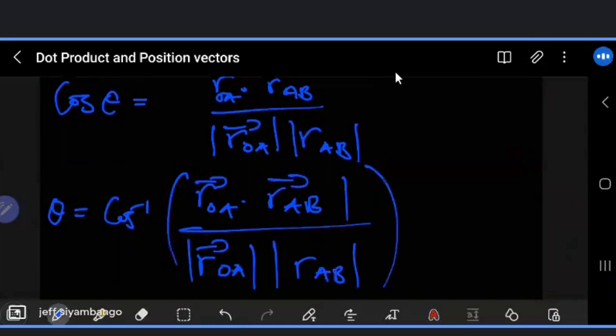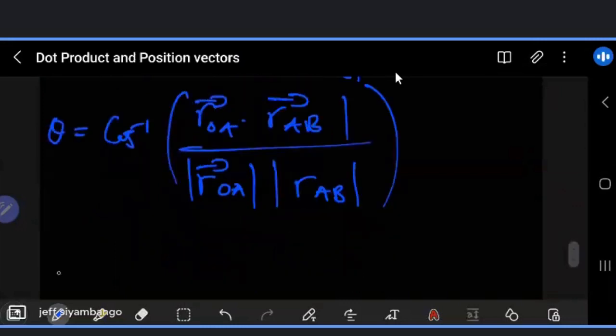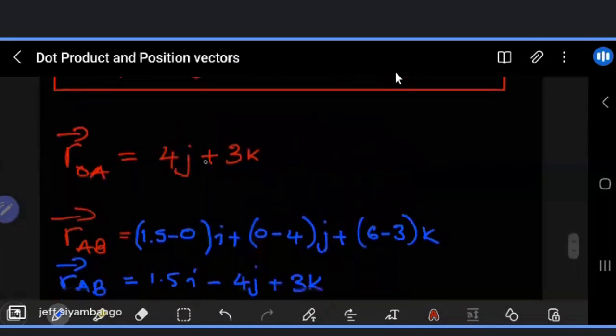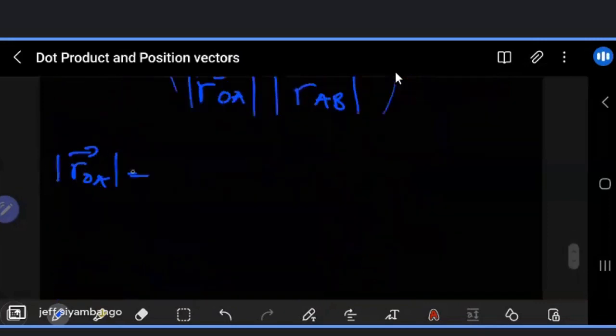You can evaluate everything by plugging them all in here, or you can do them in steps. So let's get the magnitudes first. Let's say the magnitude of ROA. For ROA, remember it's 0, then 4, then 3. So that is going to be the square root of the x component, which is a 0, so we'll skip it, the y component, which is a 4 squared, plus the z component, which is a 3 squared.